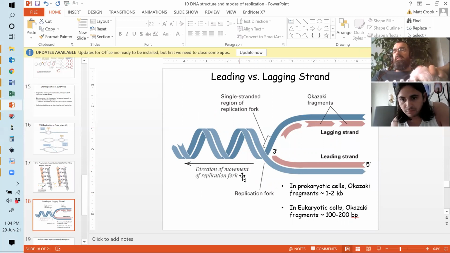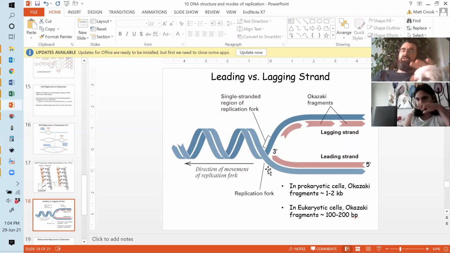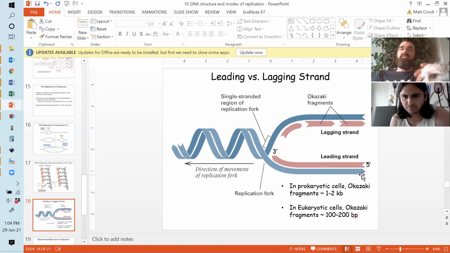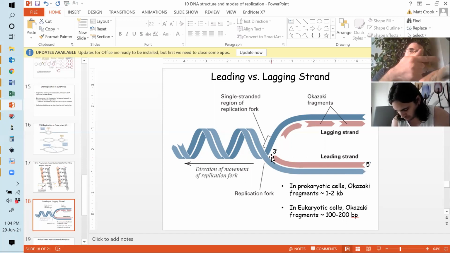And so we have, again, this replication fork is going in one direction. The leading strand is synthesized in the same direction as the replication fork movement. And that's because it's being synthesized from 5' to 3' in that direction.